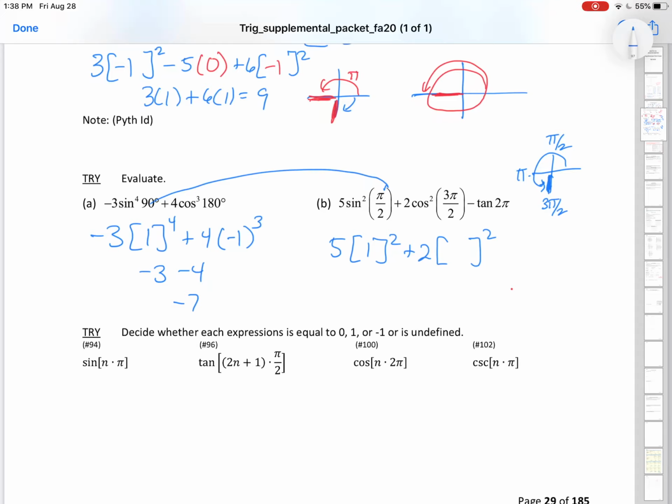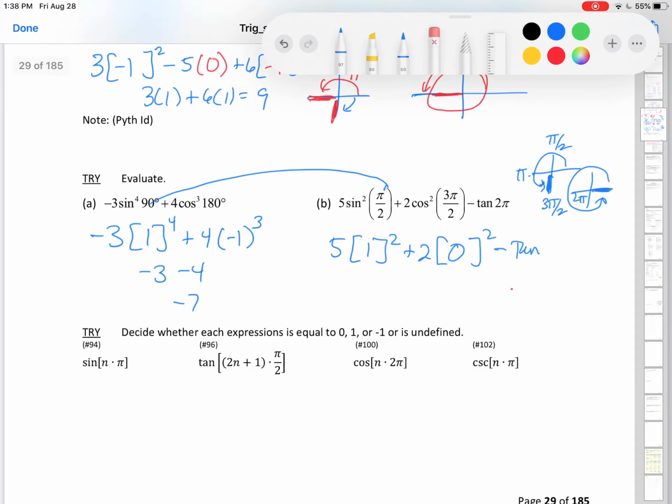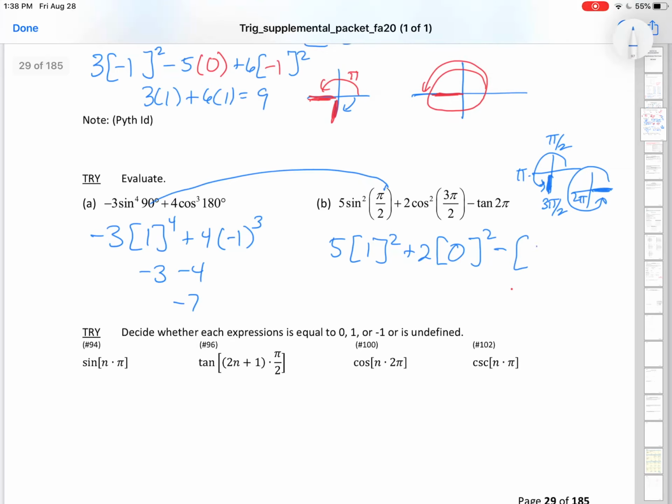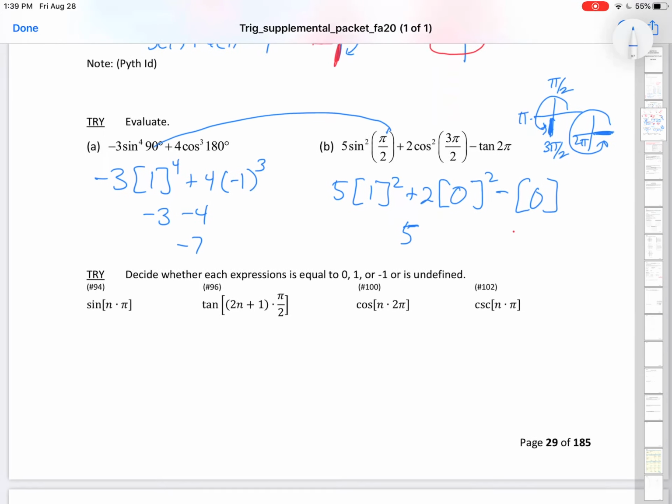Cosine corresponds to x, we're off none in the x direction, and so we're going to put a big 0 in there. Minus tangent of 2 pi. Well, 2 pi ends up right here. And tangent is y, which is 0, over x, or 0. And so all we end up with here is the number 5.